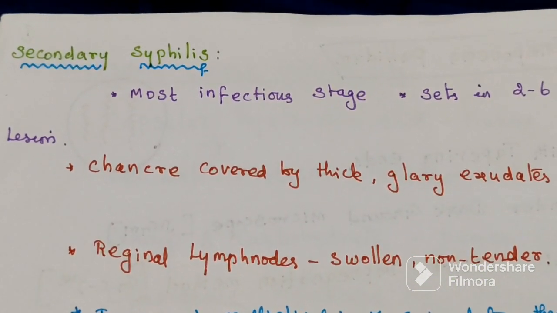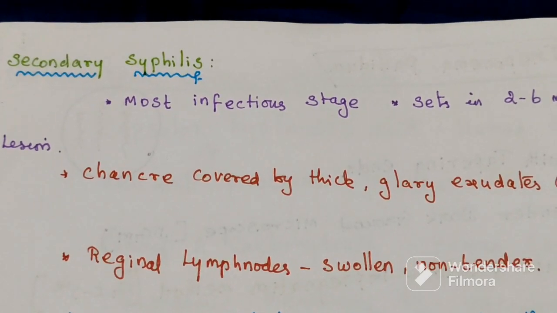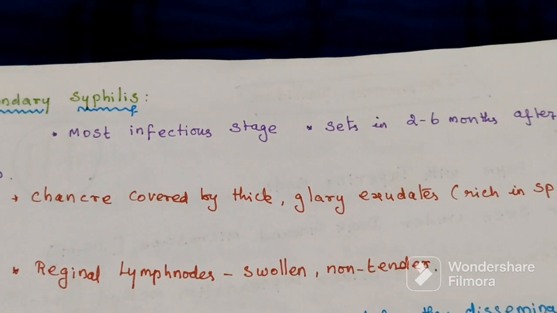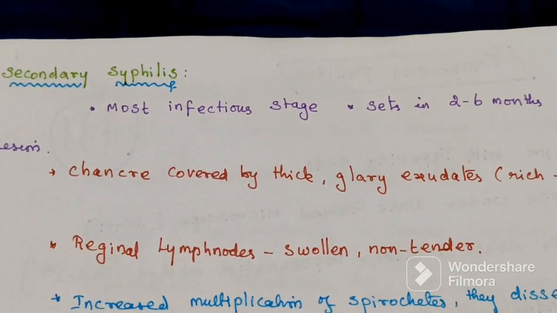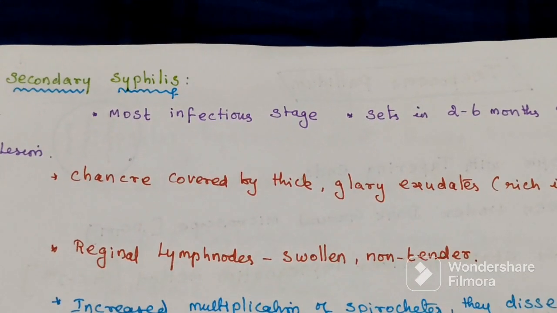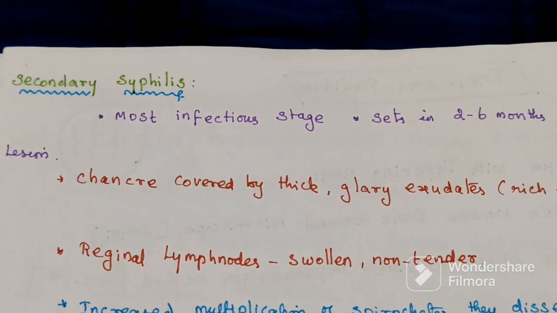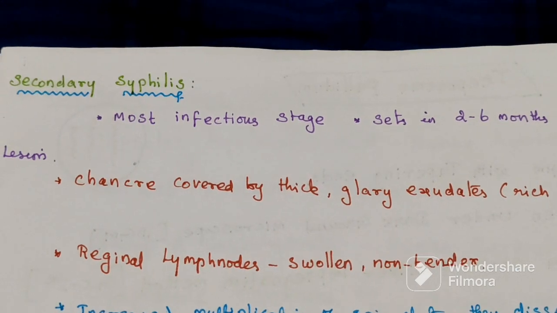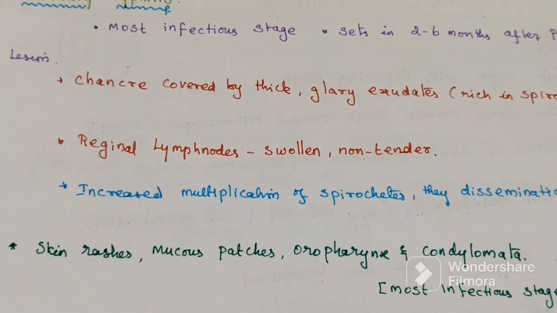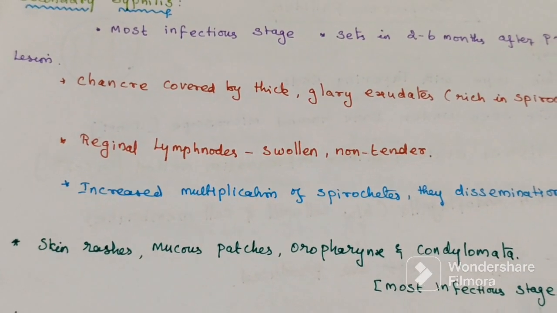Next, secondary syphilis. This occurs 1 to 3 months after healing of the primary lesion. This is due to increased multiplication of spirochetes, and they get disseminated through the blood throughout the whole body.